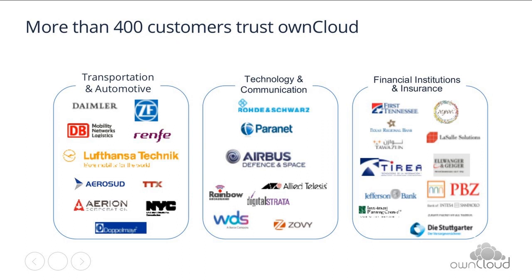As said, we managed to convince more than 400 paying customers of our software, and those come mainly from the areas of transportation and automotive, also a lot from the technology and communication sector, as well as financial institutions and insurance companies.